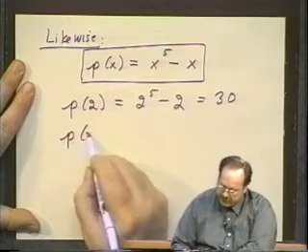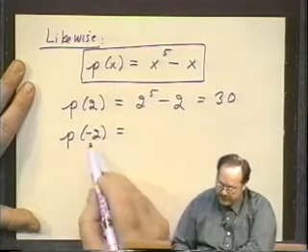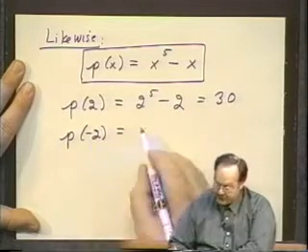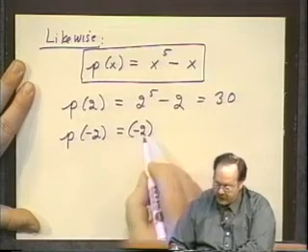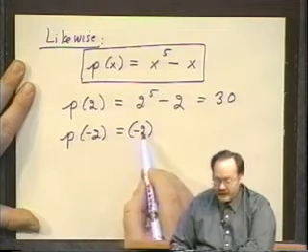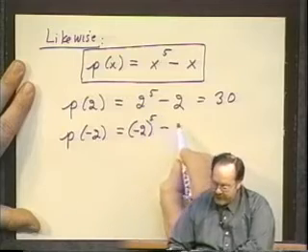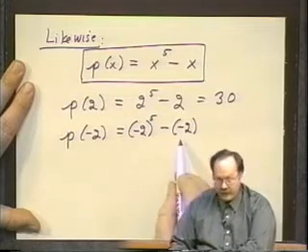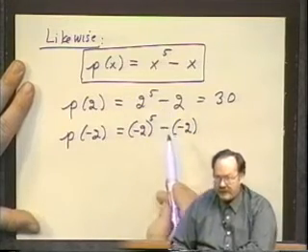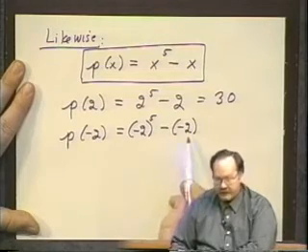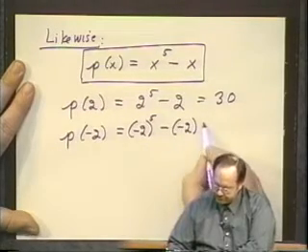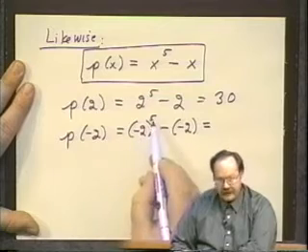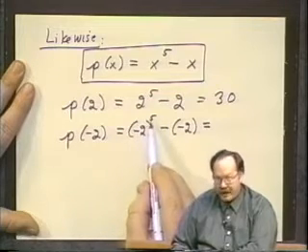Then let's look at p of minus 2. Now again, that's a negative, and I want to preserve it carefully with parentheses rather than negative signs. So (negative 2) to the fifth minus (negative 2) in parentheses. See, with the minus in the problem, it's especially important that you use your parentheses well. Well, minus 2 to the fifth, again, the minus is preserved by the odd power.